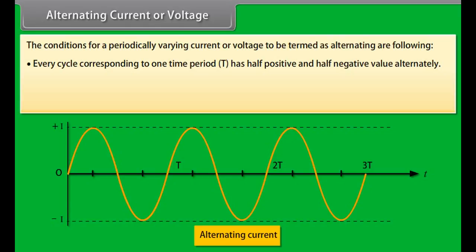Alternating current or voltage. The conditions for a periodically varying current or voltage to be termed alternating are the following. Every cycle corresponding to one time period has half positive and half negative value alternately.